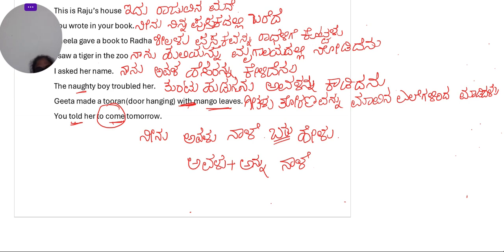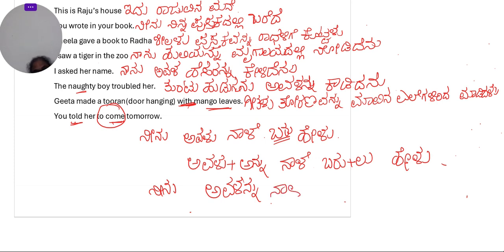So now what will happen is, because I am saying to come, so baru plus lu, and then told. Helu is tell, which has to be converted to past tense. Okay. Now Neenu is already there. Neenu remains as Neenu only. Avalannu. Avalu plus annu becomes avalannu.